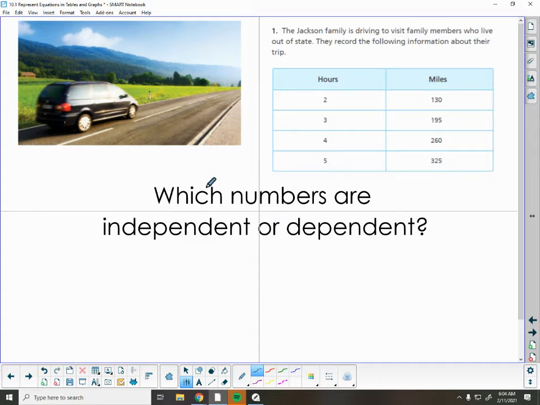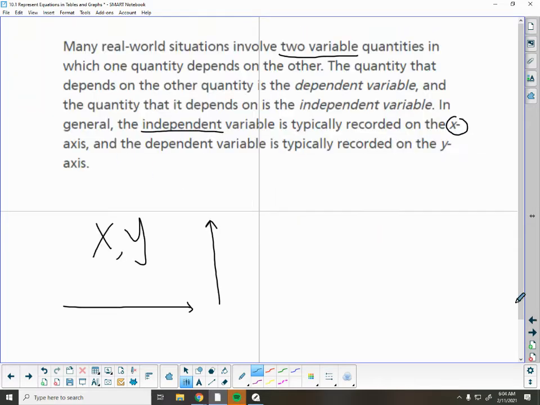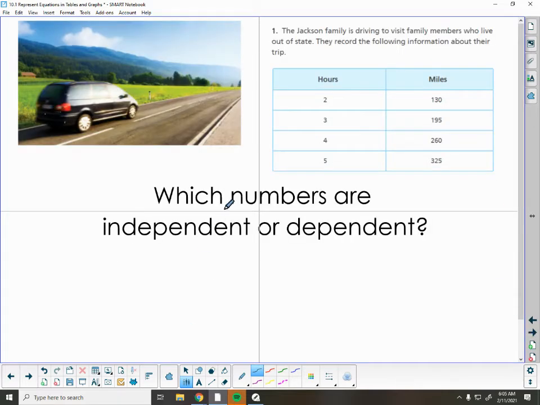So we want to know which of these numbers are independent and dependent. So coming back here, remember our independent is our x, and then the dependent is the y. So the hours that they're driving are the independent, because in our chart, we would want the hours to be x and the miles to be y.